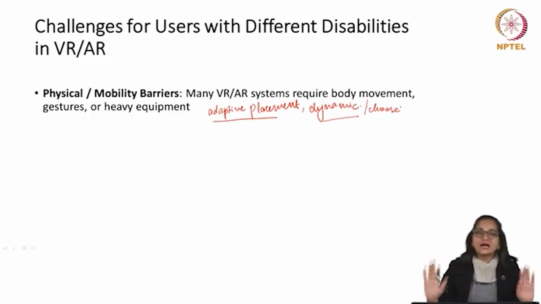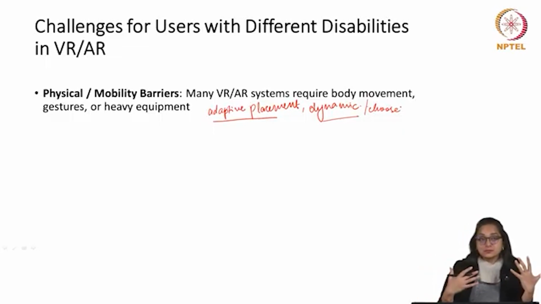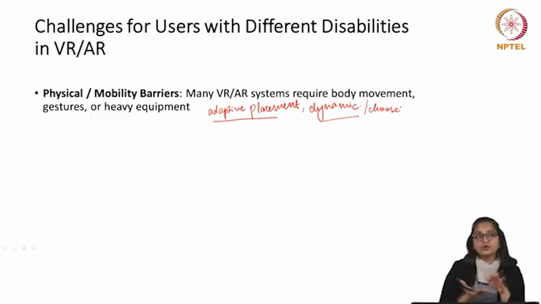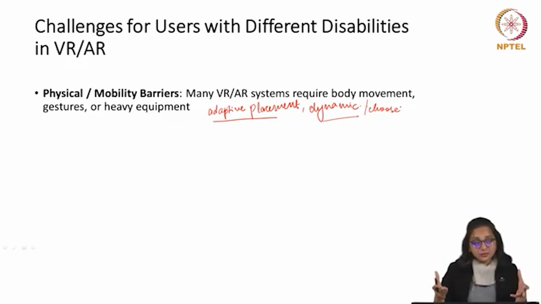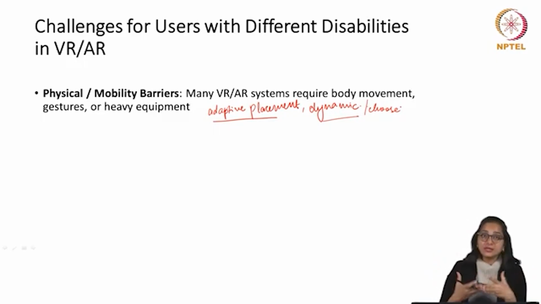Basically, the ground shifts. If somebody is lying on a bed and they want to experience the environment, but you have created it with respect to the horizontal of the real world, and it's fixed in that manner, then it is not possible for them to interact with the environment.